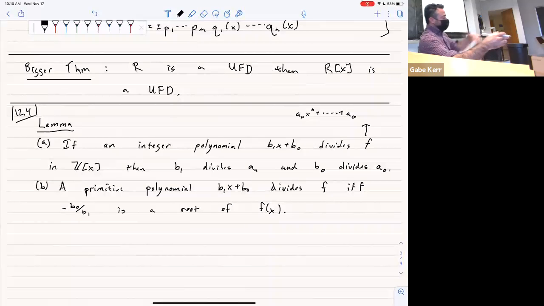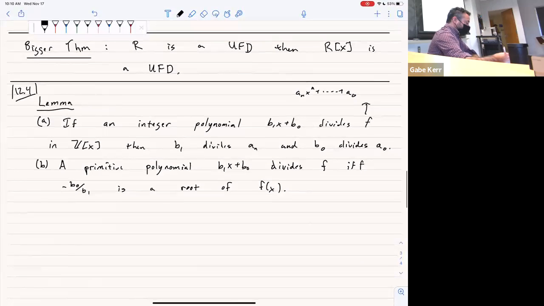You can just multiply by negative p0 over p1, and then it's like x minus the root. So it's a root test. You can check to see if you have a root, and if you have a root, you have a linear factor. And then this one is kind of something.